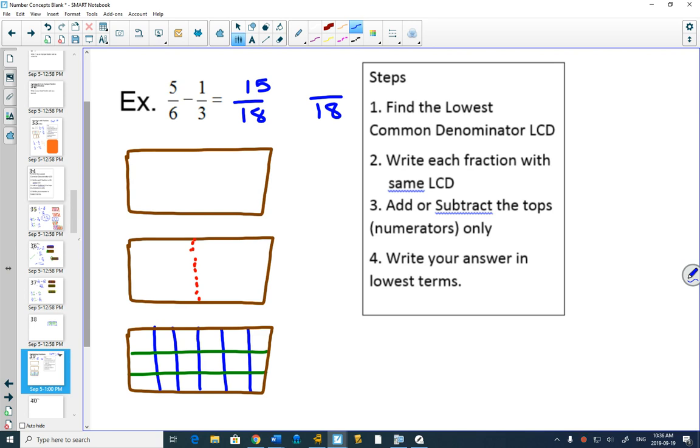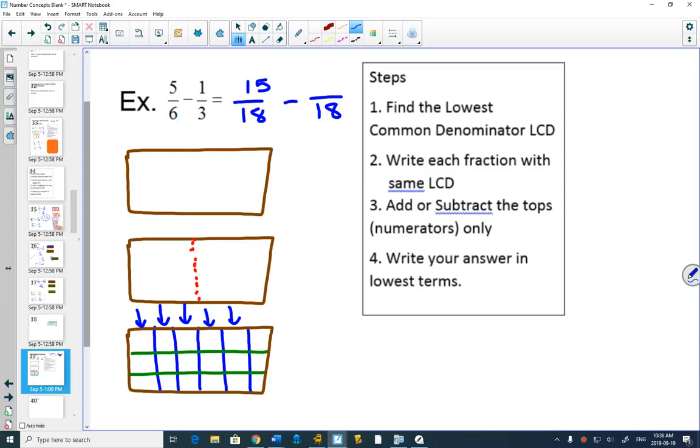Does that make sense? Can you see that? If I took 5/6, which is this row, this row, this row, this row, and this row, if you took all 5 of those rows, out of the 18 pieces, you'd have 15 of them. Okay? And then we want to subtract 1/3.